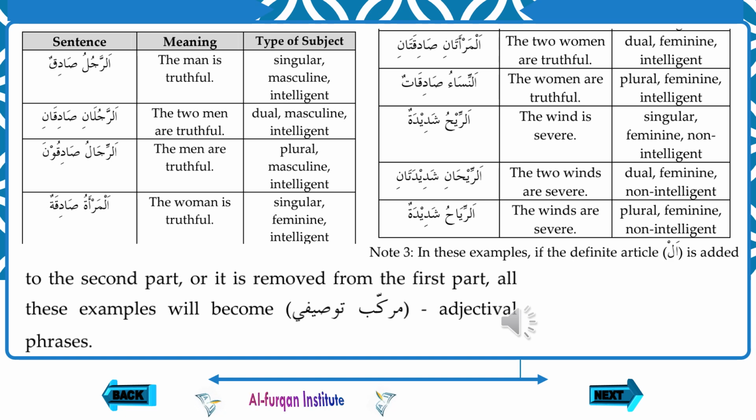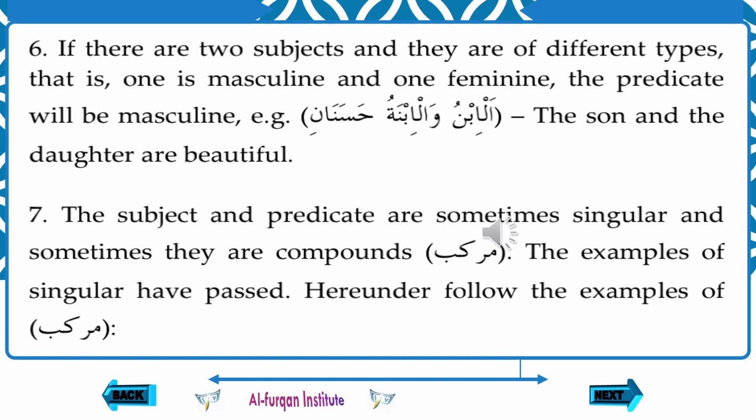Also we have something called mixed-gender subjects, where the predicate follows the masculine form. If the sentence has two or more subjects of different gender, that is, one masculine and one feminine, the predicate will be masculine, like al-ibnu wal-bintu hasanani.